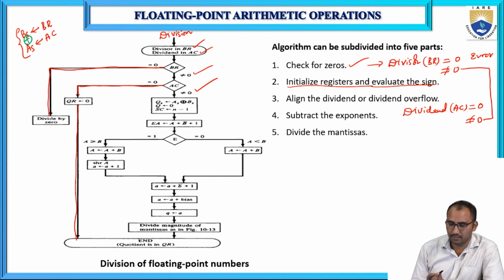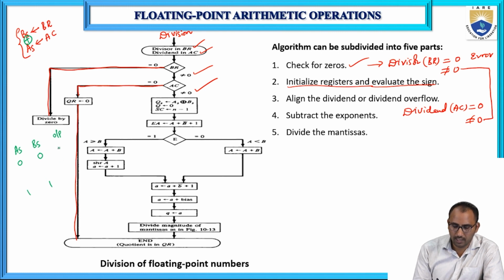Here we have AS, BS, and the output. If both numbers are positive, that means same, it gives a 0.